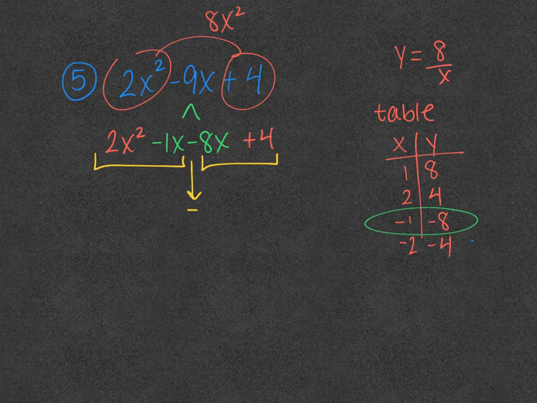Now, I don't know that I mentioned this before, but these can be switched. You don't have to put the -1 first or the -8 first. You should still wind up at the same answer. So the GCF of these first two terms is simply an x, and the GCF of the second two terms is 4. So let's take out an x out of the first term, and we'd be left with 2x minus 1.